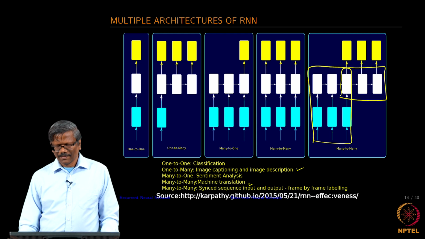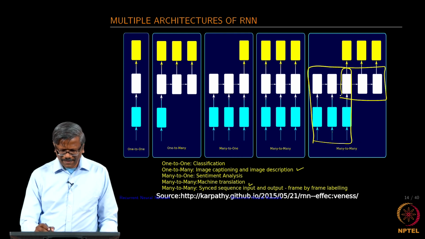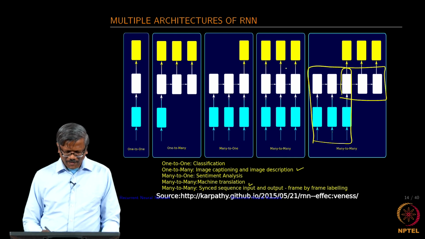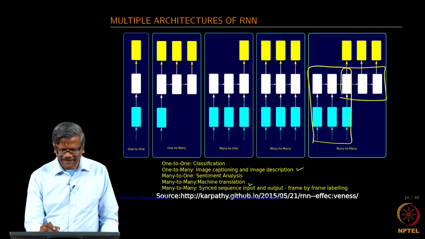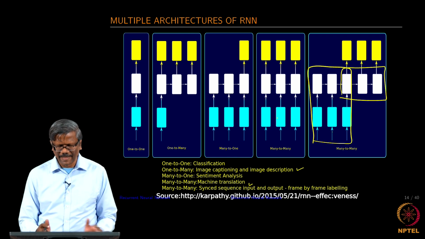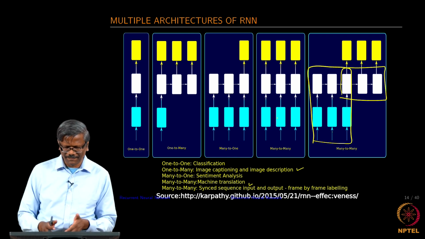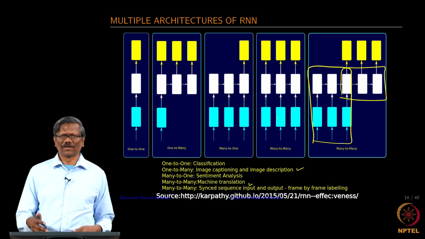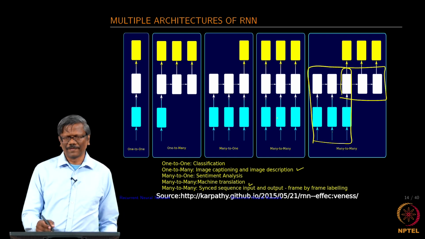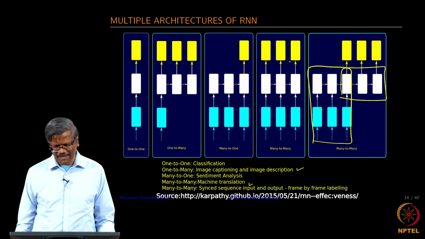Okay. And then there is a many to many combined differently. So, we can use it for frame labeling of video sequences. Many people have used these networks for various applications. I have just listed based on the usage of these architectures for various applications.